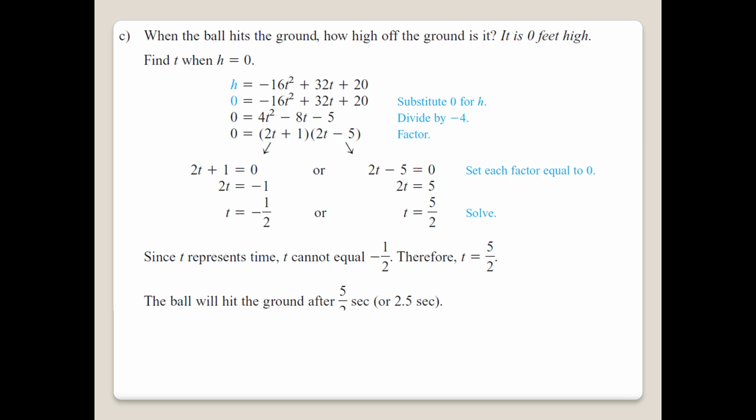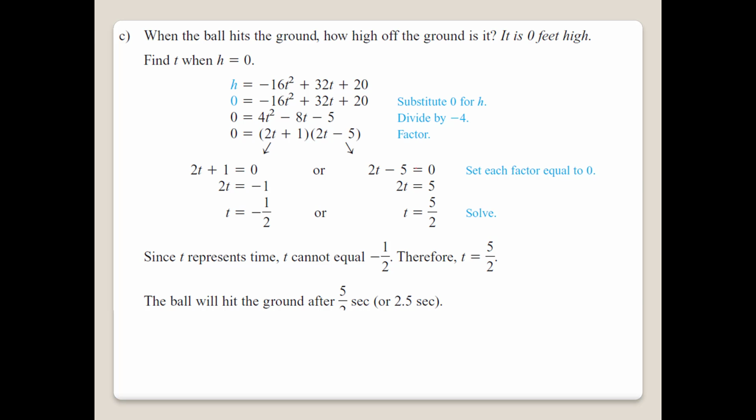Part C is when the ball hits the ground. How high off the ground is it? It is 0 feet high. So find t when h equals 0. We're taking the same equation, h equals negative 16t squared plus 32t plus 20, and putting in a 0 for h.